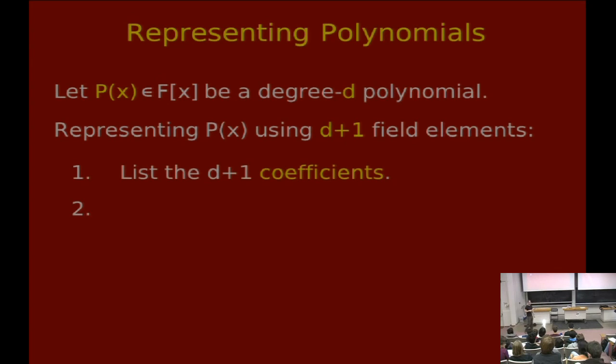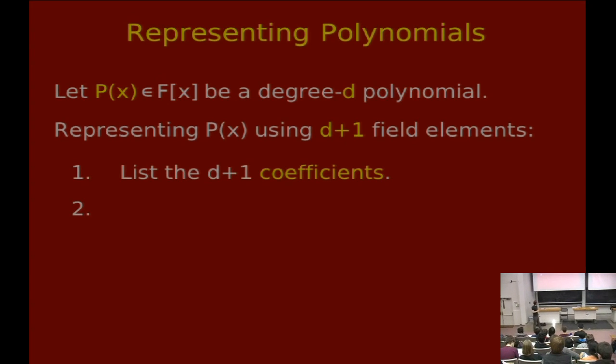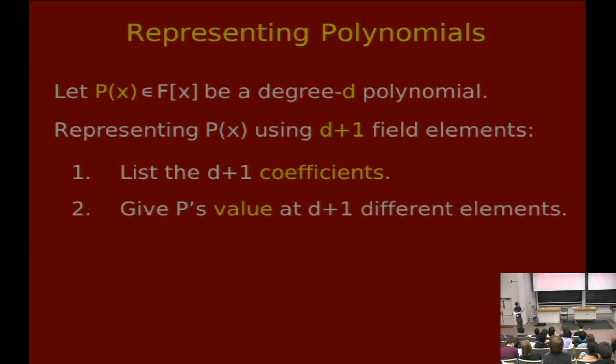List the d+1 coefficients. But there's another way you can do it, which is interesting. Yes, give the evaluations, or P's values, on d+1 different elements, any elements of the field. And as we saw, that uniquely specifies the polynomial among degree d polynomials.